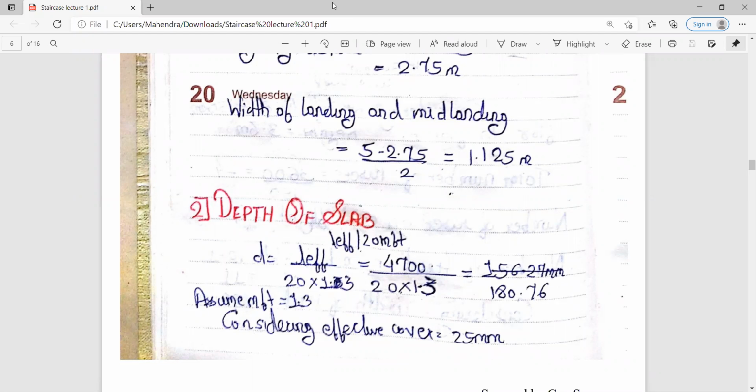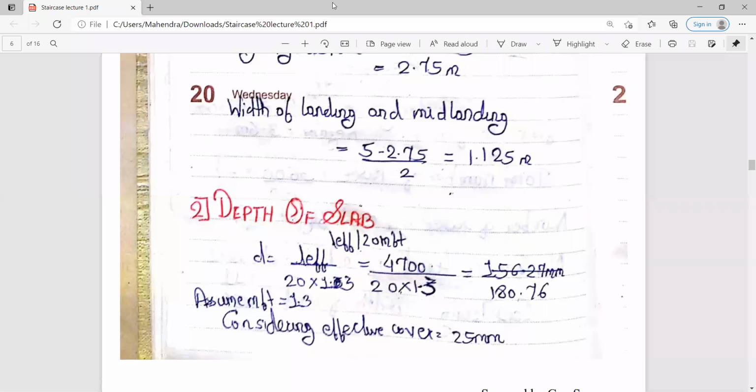Then third, for both end continuous slab, D will be equal to L effective by 28 MFT.